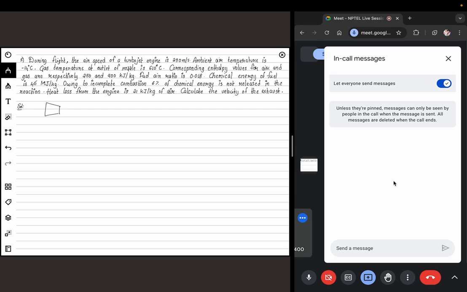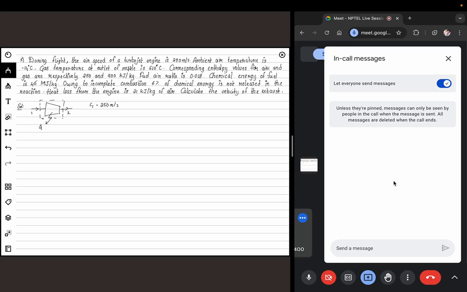So this is your engine, inlet and exhaust. If I'm considering a control volume, at the outlet there is a net heat output. So what is given here? So we know the air speed of the turbo engine, which will be equal to your C1, and you also know the ambient temperature.